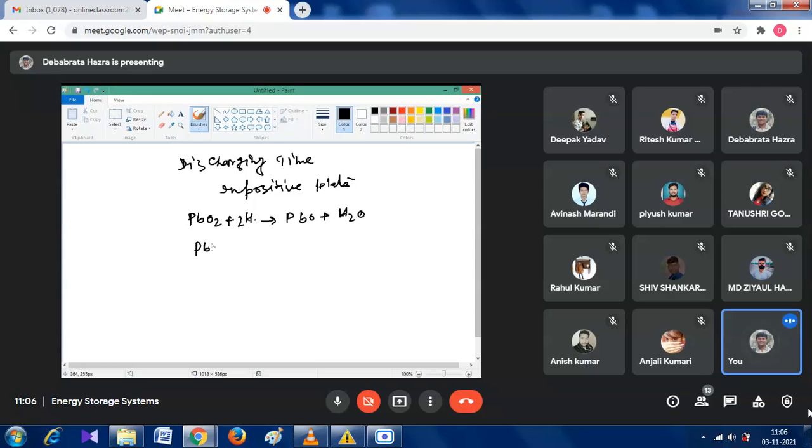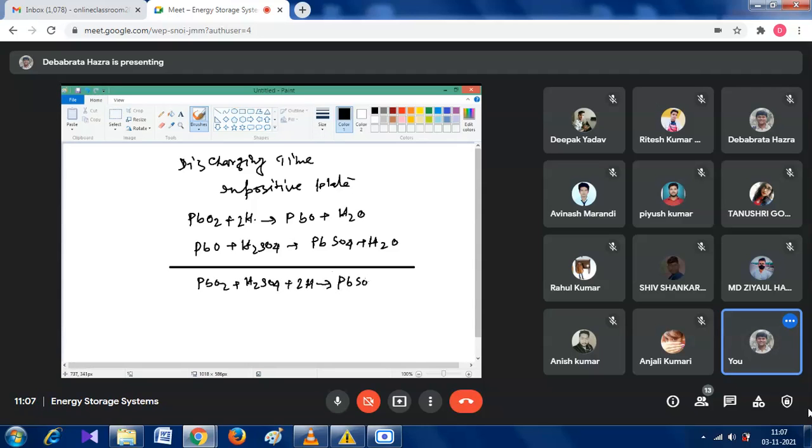And this lead oxide will react with H2SO4 and produce lead sulfate plus water. So the total reaction is PbO2 plus H2SO4 plus 2H gives PbSO4 plus 2H2O.